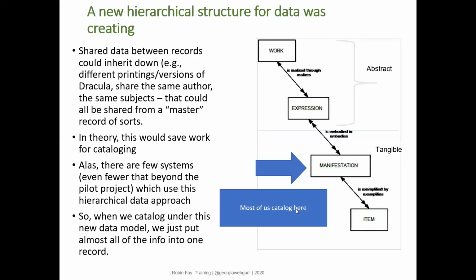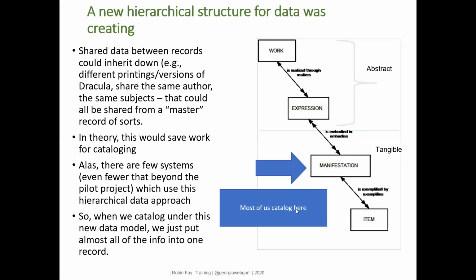But we don't really have systems that could do this. So this is one of these things in cataloging, when we were looking at how we could do cataloging differently, that is a great idea that has never really been realized. There are a lot of projects out there to try to make this happen. There is no actual process out there in terms of making ILSs do this.